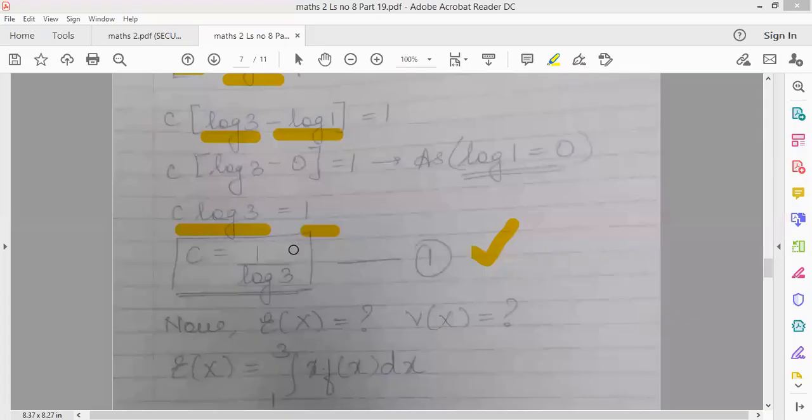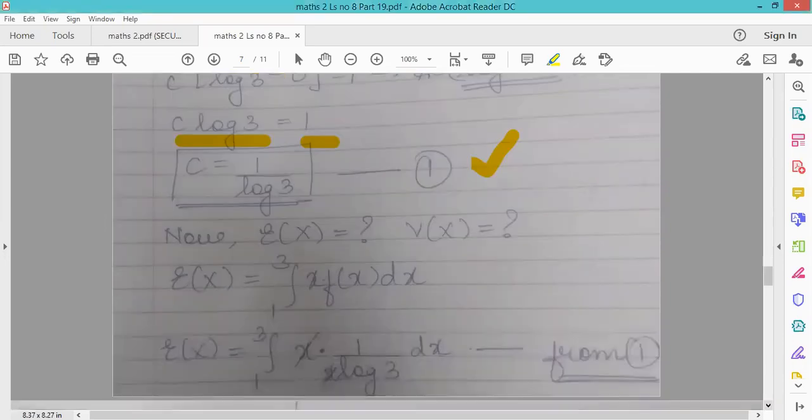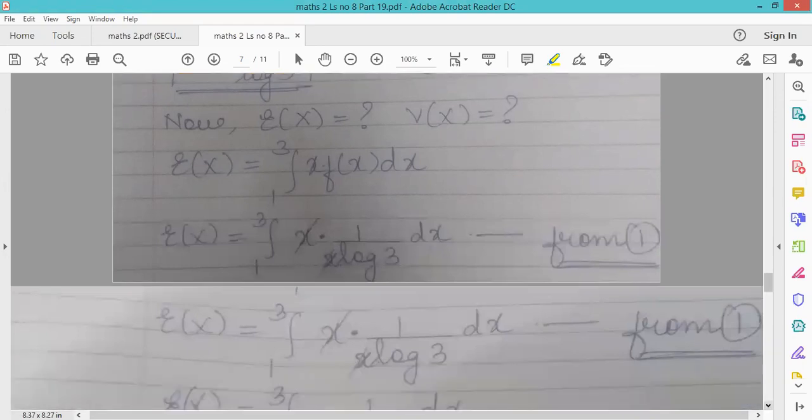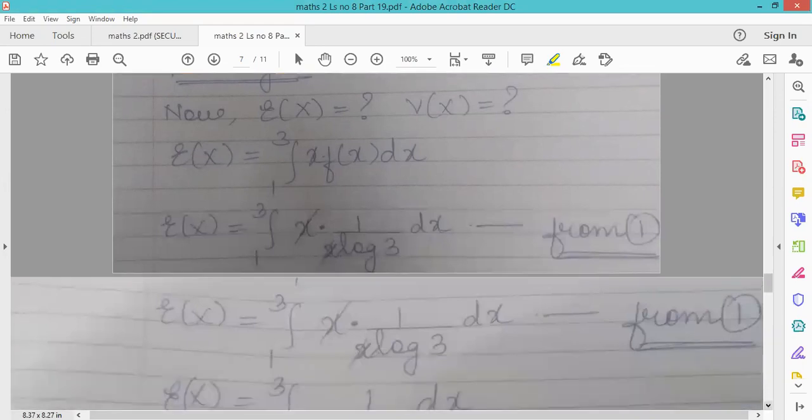Okay. So as I told you, the value of c is 1 upon log 3. We found the first value. Now they have told us to find e of x and v of x, that is expected value of x and variance of x. If you all remember class, I already explained how to find expected value by using the tables. We have already done this in exercise 8.1.